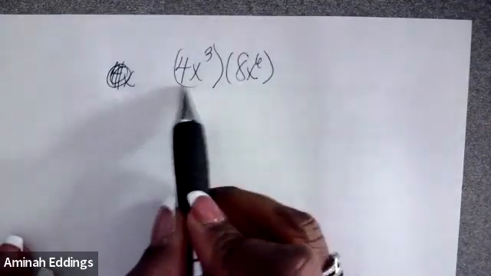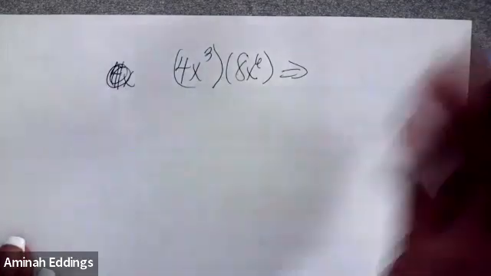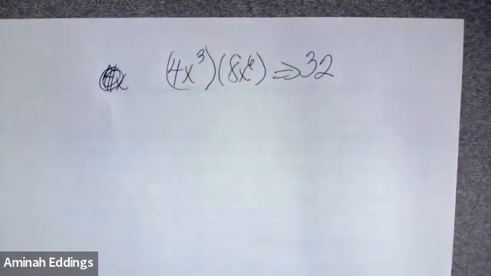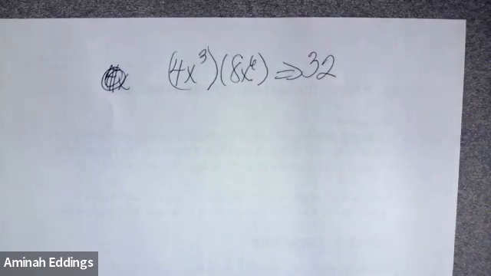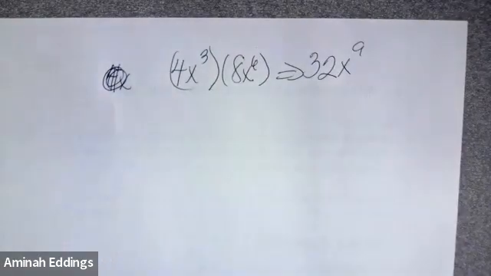When we multiply our constants, 4 times 8 is 32. And then what do we do with exponents? We add, exactly. So 3 plus 6 is 9, and we get x to the 9th.